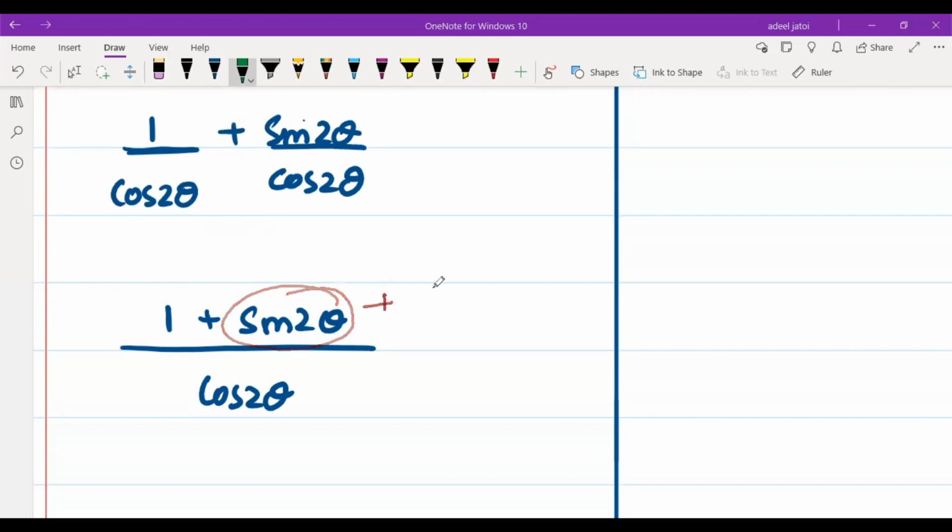Sin 2 theta is 2 sin theta cos theta. If I just write down this identity, because this is important, sin 2 theta is 2 sin theta cos theta.